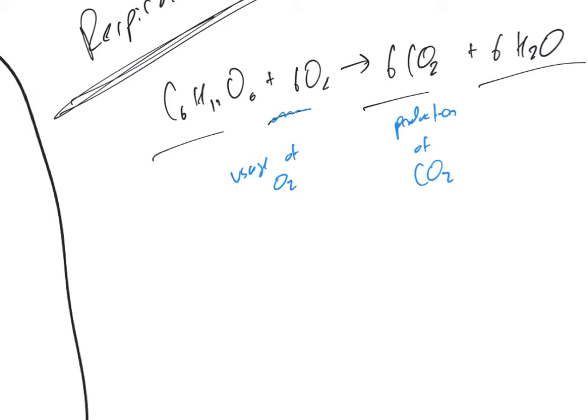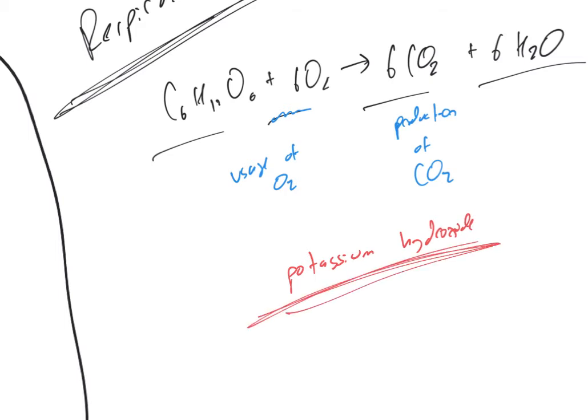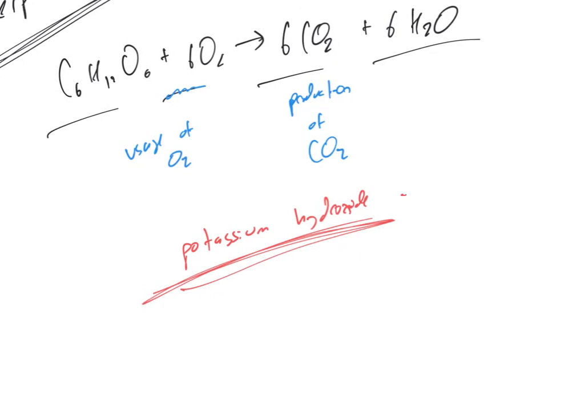Basically, we need some kind of hydroxide. So normally, we would use potassium hydroxide. Now, what this solution does is real simple. It absorbs CO2.